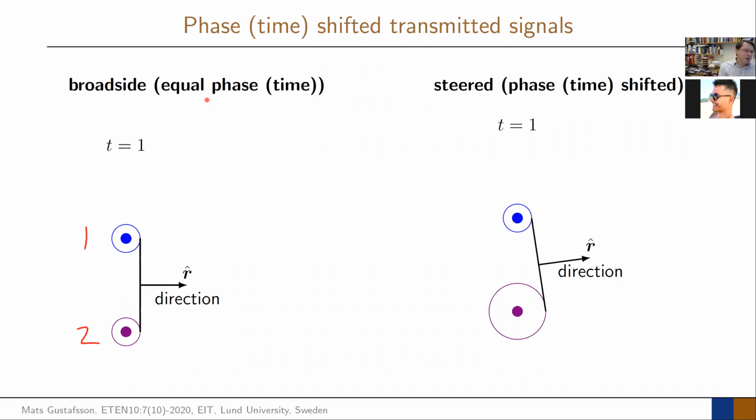And let's assume that I now send a signal from these 2 elements, and I send them at the same time. So we focus on the left picture now on this one first. And that means that when I go to time equal to 1, the field has propagated a certain distance here. And that distance is now described by the distance from the center point to this blue circle.